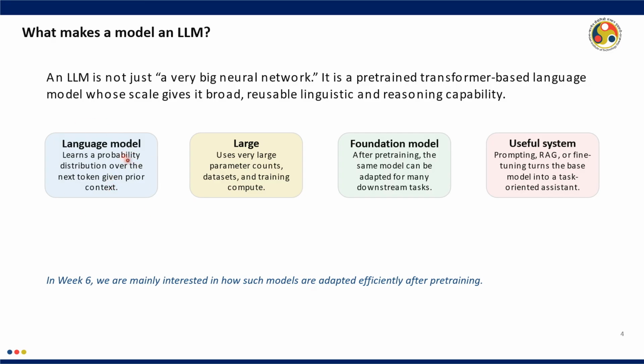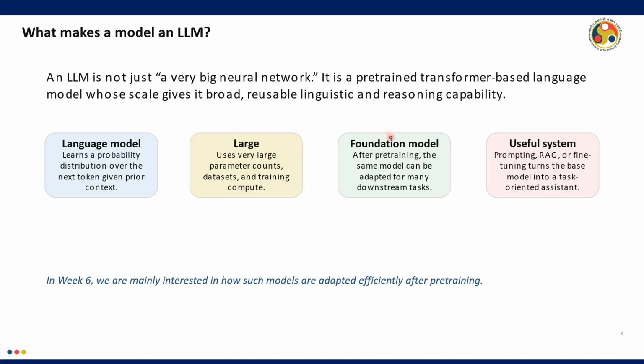So this is basically the task of large language models, and here large means the very large parameter counts, the dataset, the training compute, also the compute capacity that we will need. Obviously, we will talk about the foundation models, if we go for pre-training, when to go for pre-training, and how to shape the model, and how to adapt this for downstream or mainstream tasks.